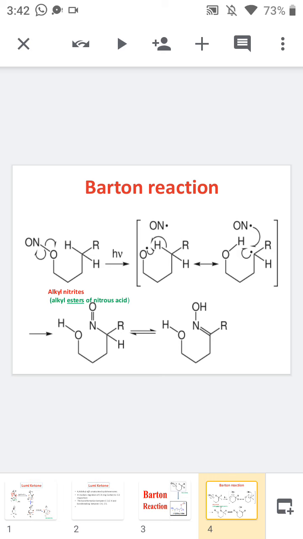The C-H sigma bond in the delta position is homolytically cleaved to form a hydrogen radical, and this hydrogen radical is picked up by the oxygen radical to form an OH bond, and the NO radical is combined with the secondary radical on the carbon atom to form this structure, and after the rearrangement we will get an oxime as the final product.